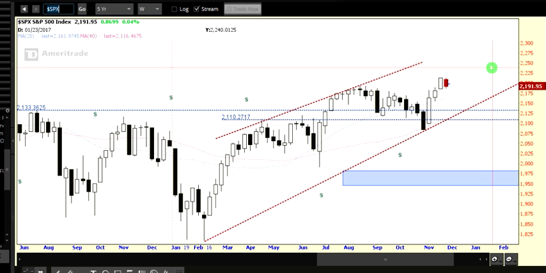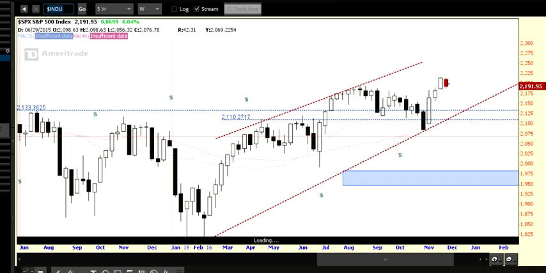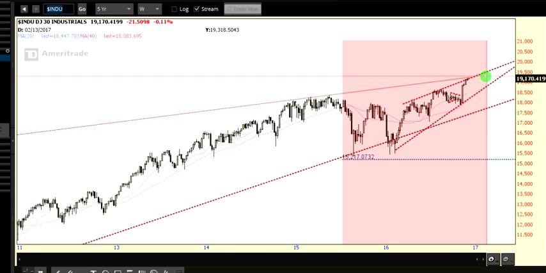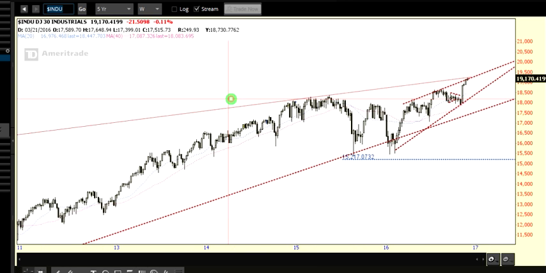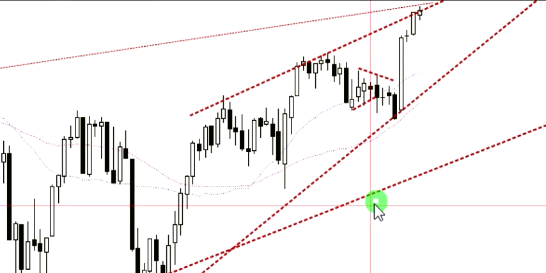But anyway, let me go to the Dow, because the Dow has a more pronounced pattern that I want to talk about, called an ending diagonal pattern, and that's this pattern right here. Let me zoom out a little bit more, so that when I zoom in, I can show you what I'm talking about.